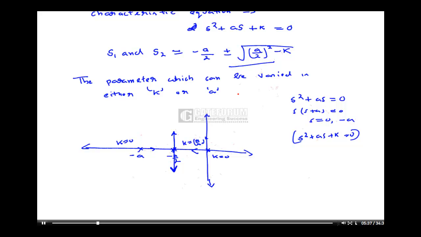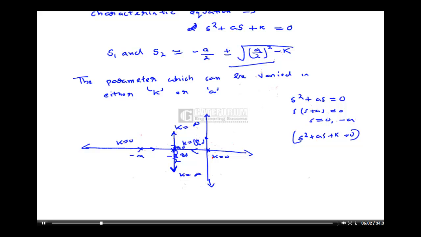Suppose if 3 poles are arriving at the same point, then the angle of departure will be 180 by 3, so it will be 60, 60, 60 degree. In this case, they will depart at an angle of 90 degree, and this will continue up to K equal to infinity. So this was a simple root locus which is plotted depending on the value of K.